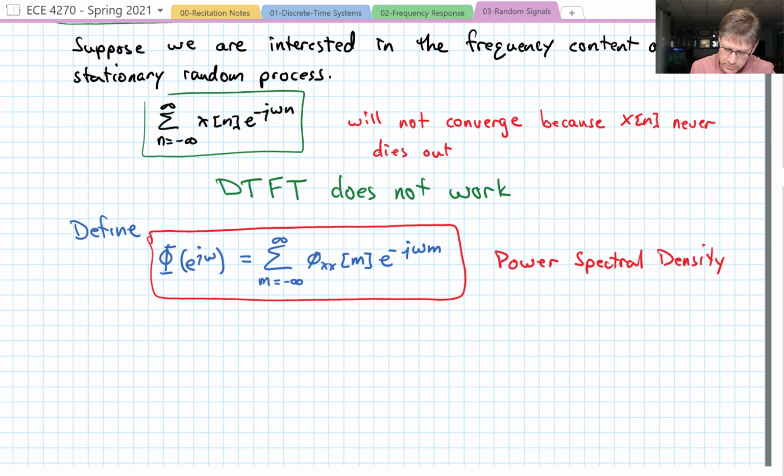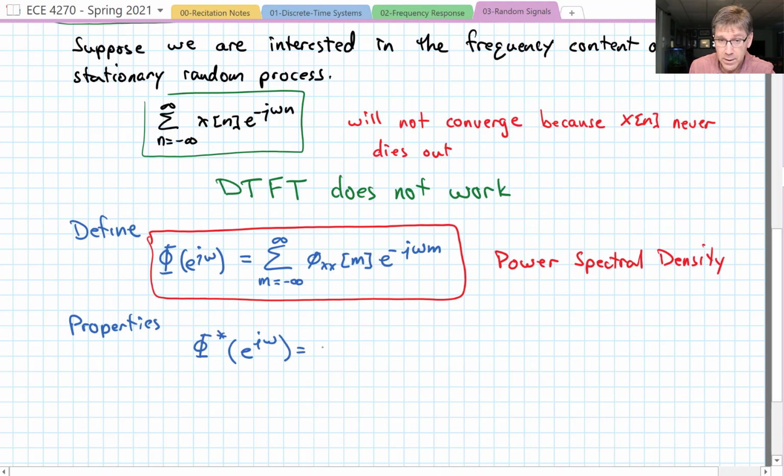A few useful properties of this, and then we'll spend some more time talking about it in our next lecture, is that it's real. Also, it's symmetric when x is real.